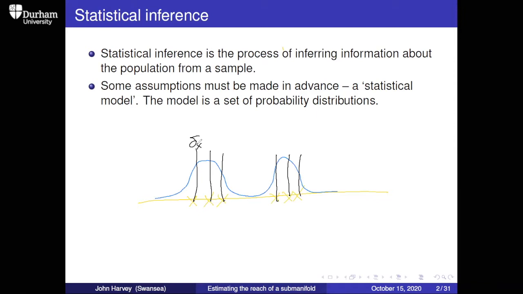It's only if you make some assumption about what you think the probability distribution should look like that you can even begin to try to give a reasonable answer. So this is called a statistical model. The statistical model is the set of probability distributions that we think are reasonable to begin with, and then based on our sample, we'll say which one we think makes most sense.